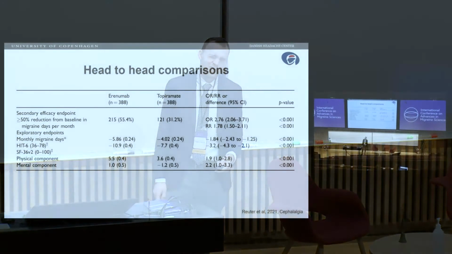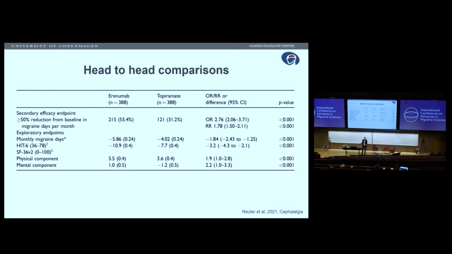This, for those of you who are used to treat migraine patients in prevention, might seem like an unfair comparison. Topiramate is notoriously badly tolerated. It has a lot of side effects, and a lot of patients will complain of the side effects from topiramate.